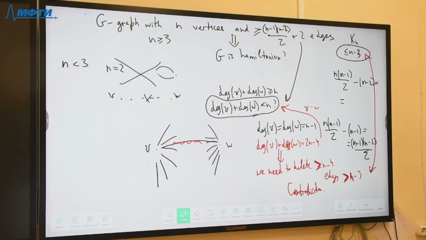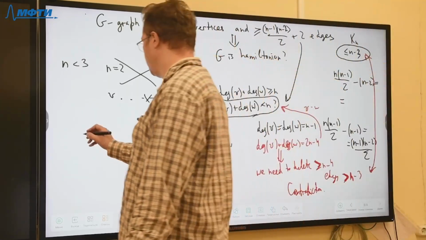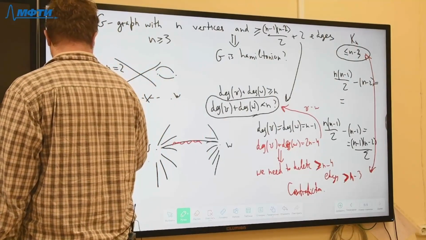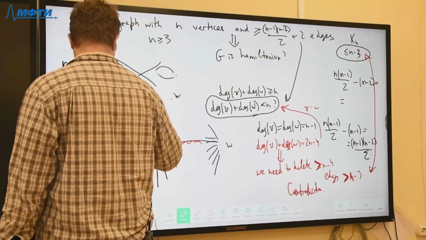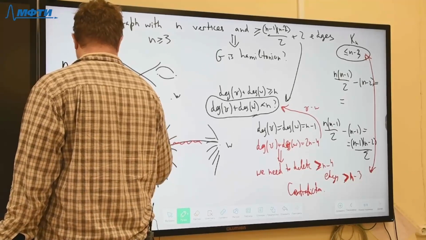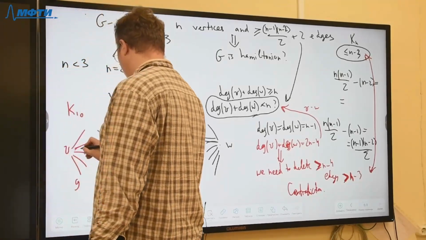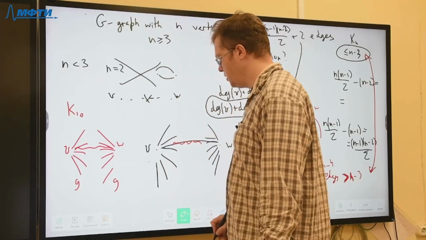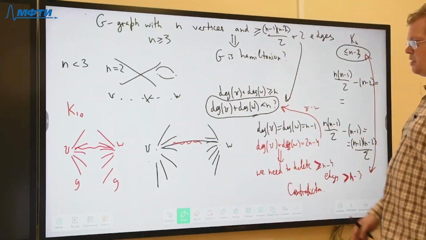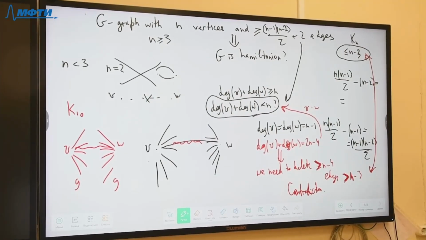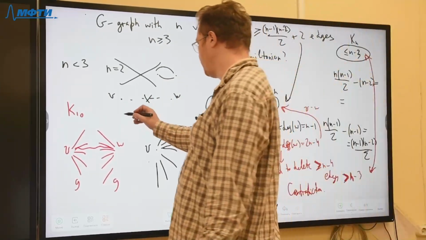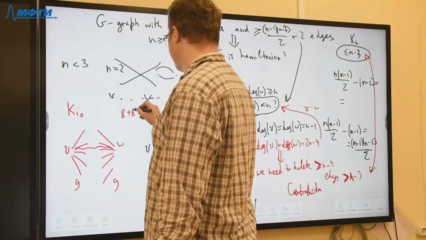So for example, if we have K10, then the degree of v will be 9, degree of w will be 9, and then we need to cut off one edge between them, and then the sum of the degrees should be less than 10. But now the sum of the degrees is 8 plus 8, 16.